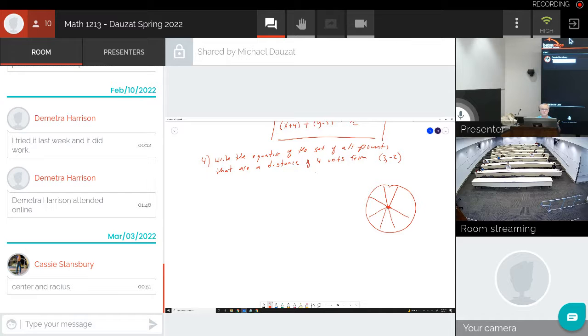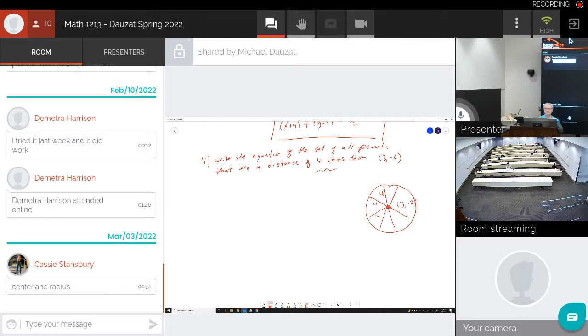So this 4 that's listed here happens to be what part of this diagram I've drawn? The radius. This 3, negative 2 happens to be what part of this diagram I've drawn? The center.